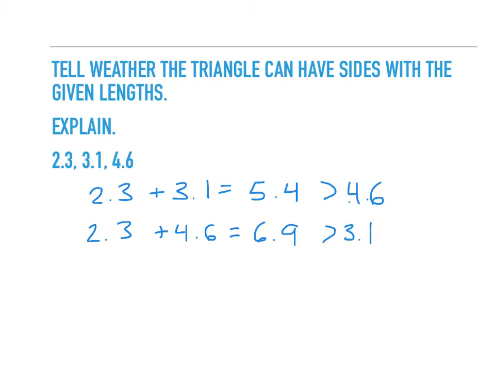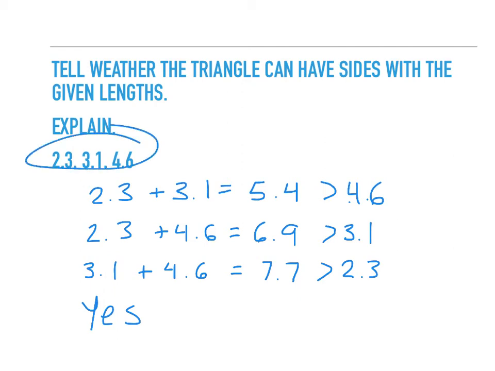And what's our last two that we need to check? 3.1 plus 4.6. And what do we get? 7.7. Is that greater than 2.3? Yes. So our answer here would be yes. These three sides can be the sides of our triangle.